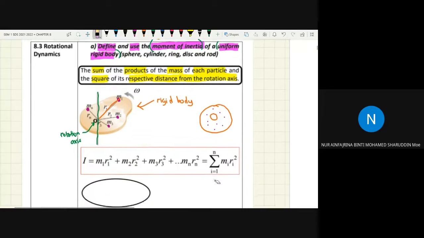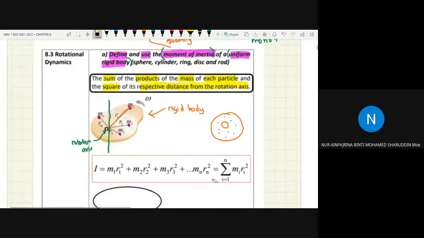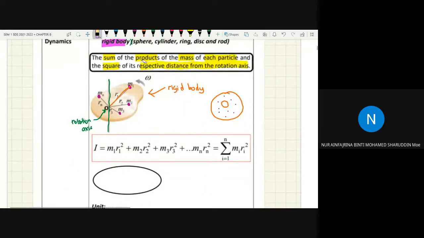Next one. Apakah unit untuk moment of inertia? What is the formula? The formula tulis je balik. Formula dia adalah I is moment of inertia equals to summation of mass and also distance from the rotation axis. So this is the formula of moment of inertia ataupun I equals to mr squared.